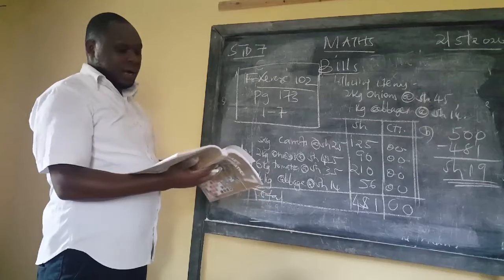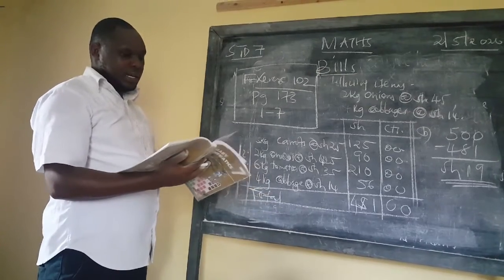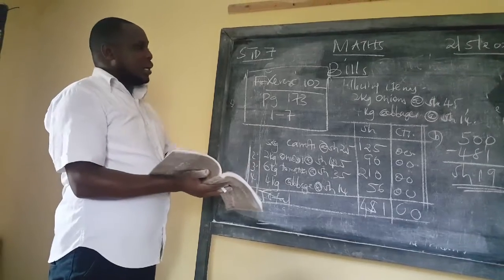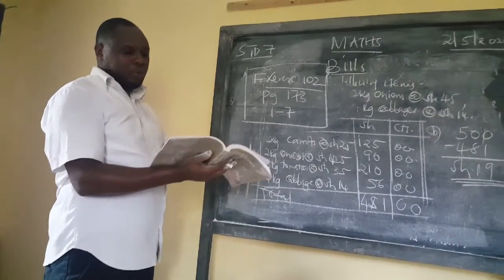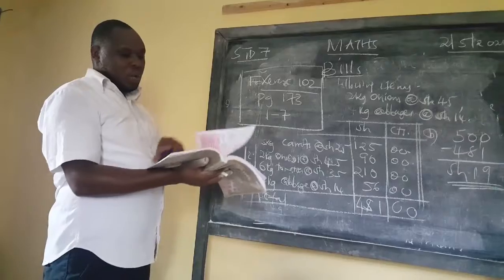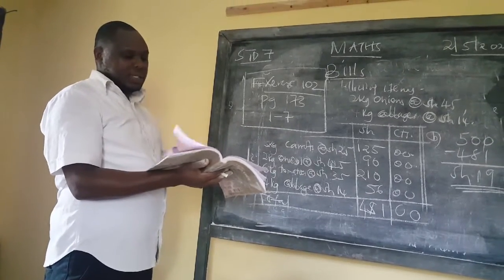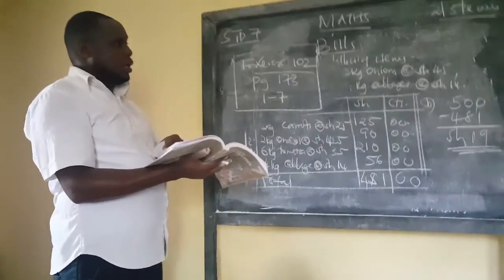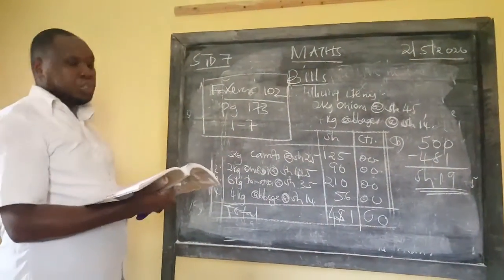So that marks the end of our lesson, and at the same time the end of this chapter called money. So we are through with money. In our next lesson, I told you, we are going to cover ratio and proportion.